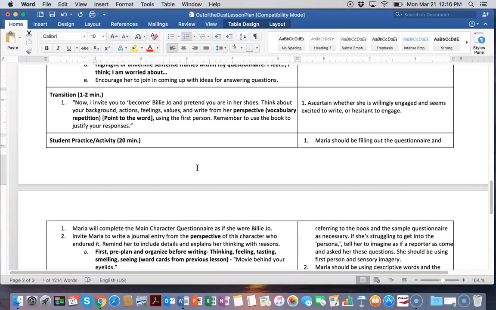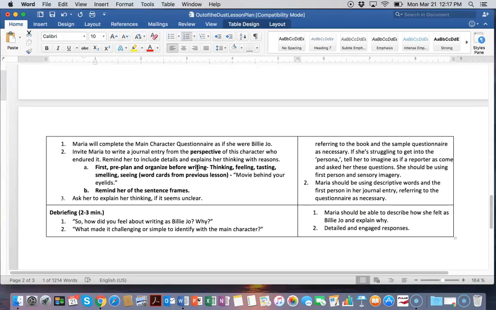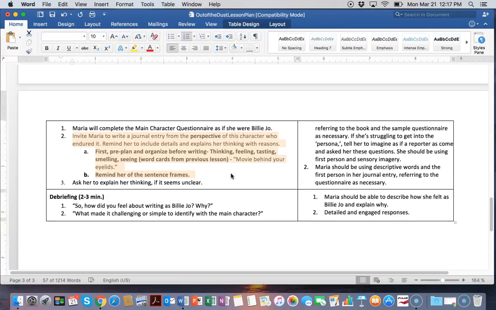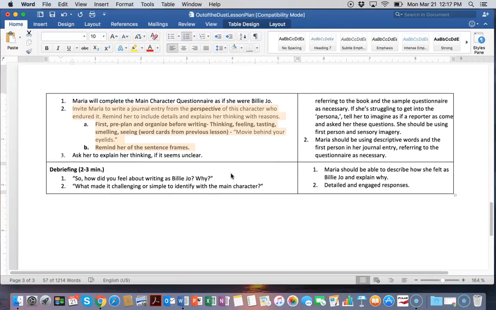And then there's a transition, and then in the student practice activity, she asks Maria to complete the main character questionnaire as if she were Billy Joe, a character from Out of the Dust. And then she invites Maria to write a journal entry using both the questionnaire and then also reminding her of sentence frames that she presented earlier from her own journal. And then at the end, we have a debriefing. So that gives you a sense of what the lesson entails.